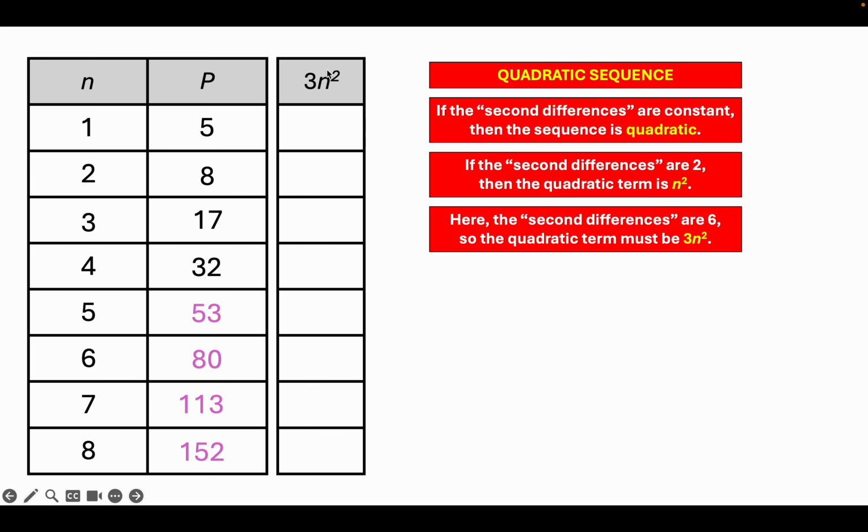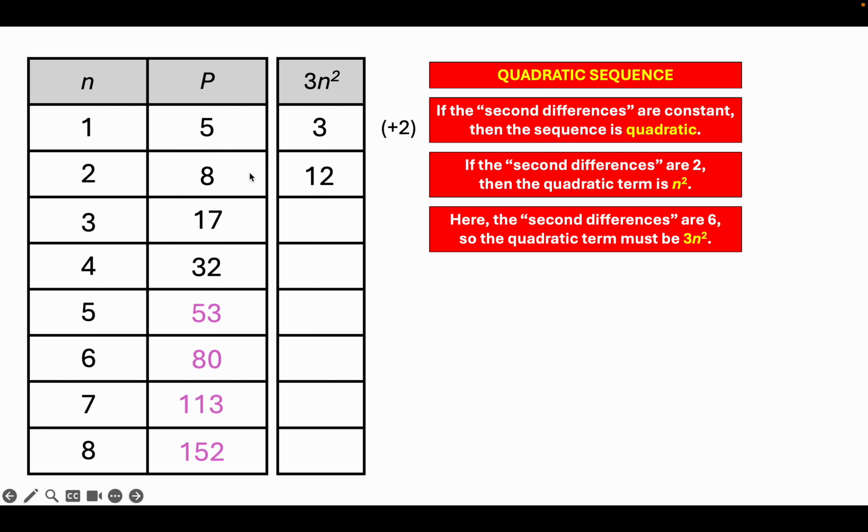So when n equals 1, 3 times 1 squared is 3 times 1, which is 3. So I'm getting a 3, but what I actually wanted to get was a 5. So I would need to add 2 to that to get the number I want. Next term, when n is 2, 3 times n squared is 3 times 2 squared, which is 3 times 4, which is 12.